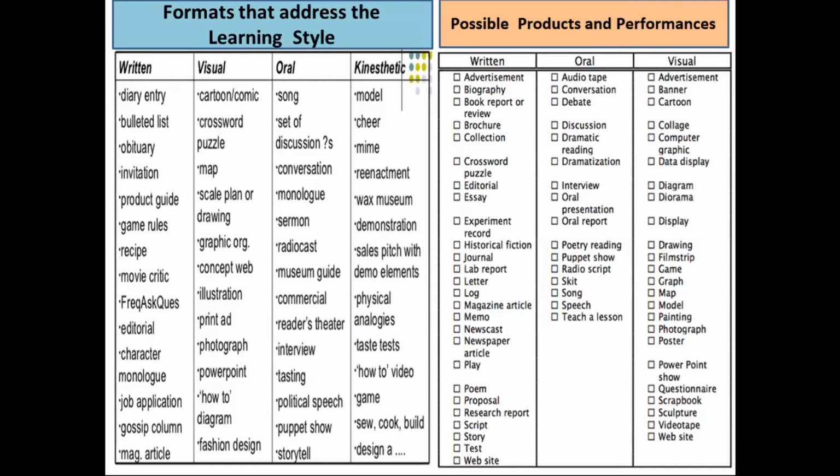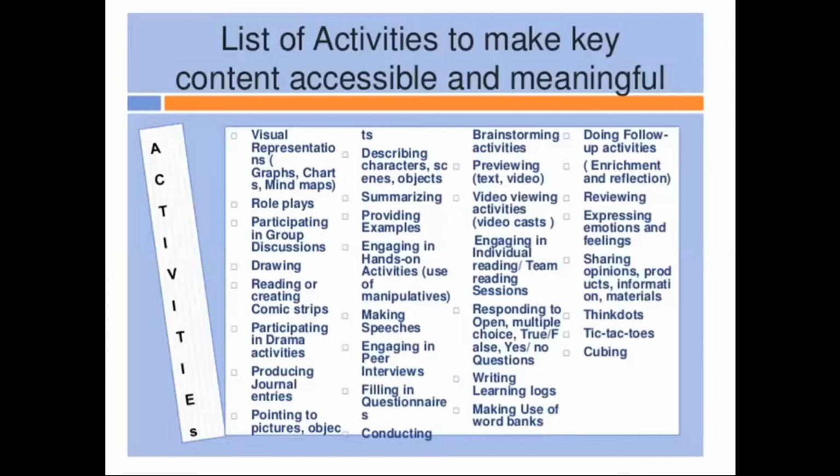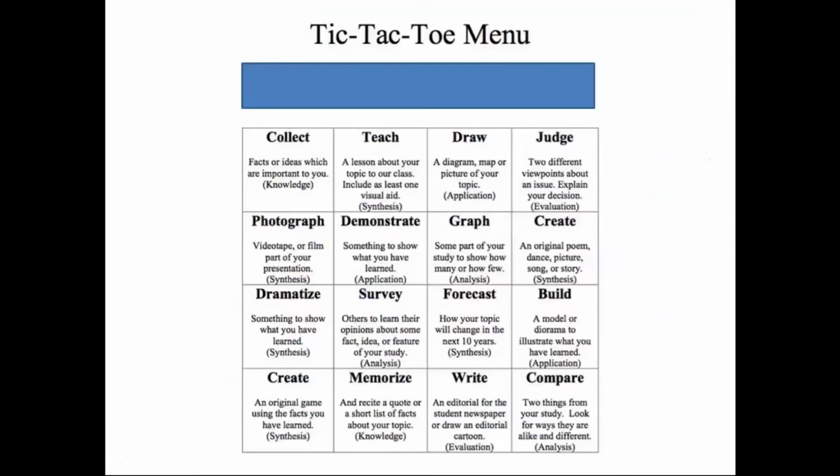Malalaman nyo is it oral in the learning style, visual, or kinesthetic. And also you have here the list of activities to make key content accessible and meaningful. So at least in doing another activity to complete the differentiated learners that we have, ito yung mga list of activities that we can use.